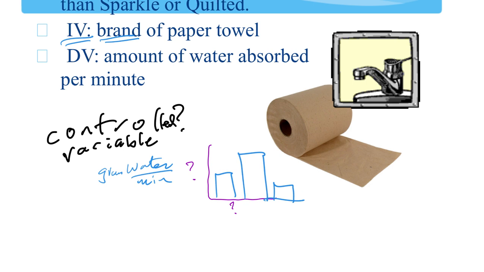Okay, so what's the controlled variable? Well, it has to be the same kind of water.